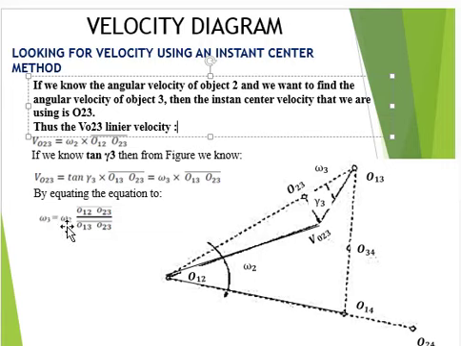Omega 3 is equal to omega 2 multiplied by the radius from O1,2 to O2,3 divided by this radius. This is the conclusion equation from the two equations before, and then we know the angular velocity at this position, omega 3.